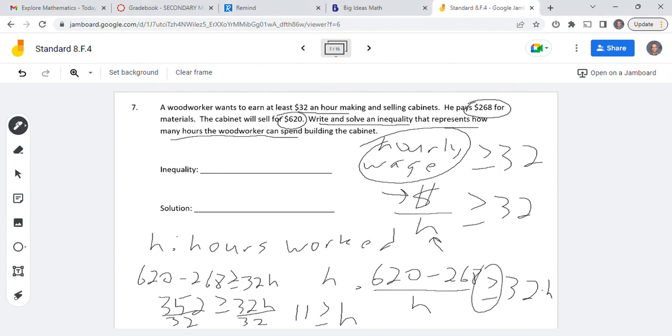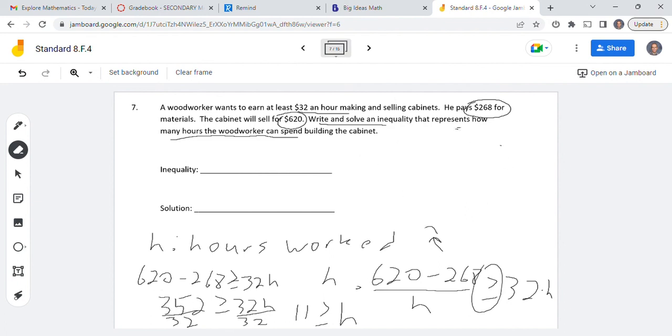Alright, now I'm going to flip this around so it can read a little bit more like a sentence. I need some extra space here, so let me clean this up. If I put the h on the left-hand side, then we need it to still be the smaller number, so h is less than or equal to 11. That means the number of hours worked needs to be less than or equal to 11. So h is less than or equal to 11 hours is our solution.